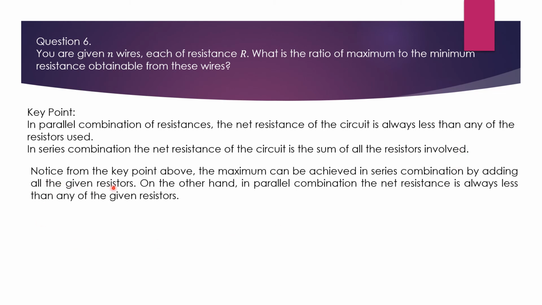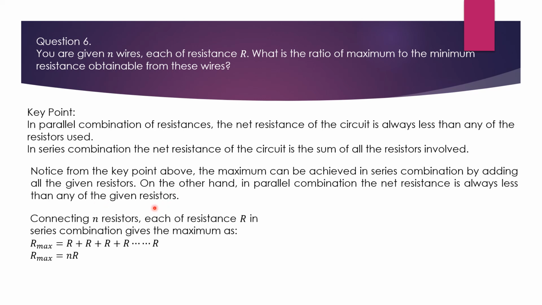Now notice from the key point above, the maximum can be achieved in series combination by adding all the given resistors. On the other hand, in parallel combination, the net resistance is always less than any of the given resistors.